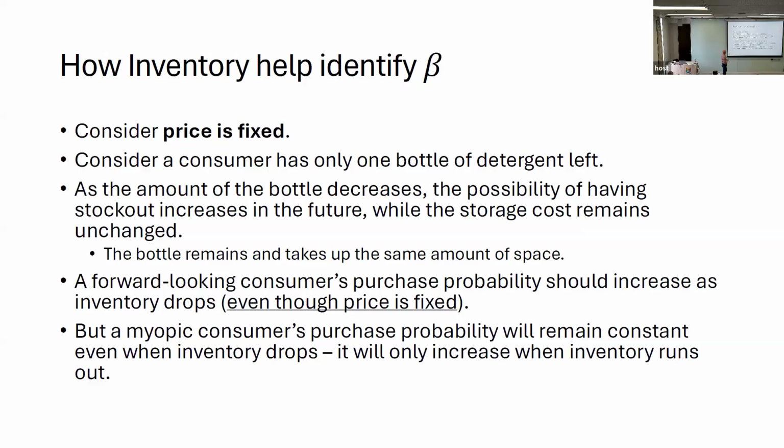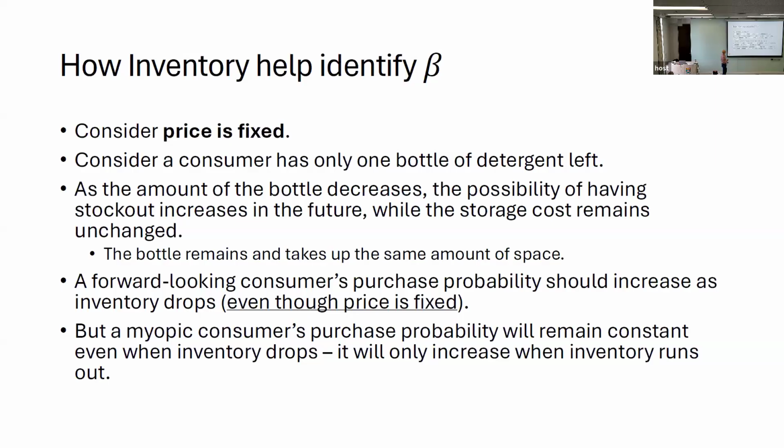So I'm going to try to illustrate this in a little bit more detail. Now I'm going to consider prices fixed, and the consumer only has one bottle of laundry detergent left, and we want to see what happens as you're more forward-looking, and how that affects your behavior. Suppose someone is completely myopic.